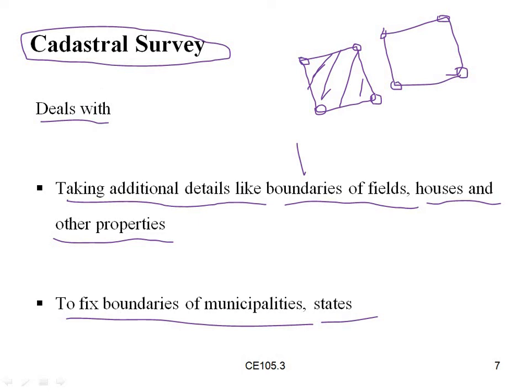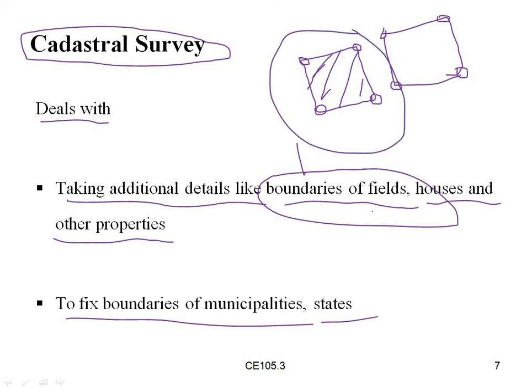So in cadastral survey, if we have a doubt regarding the boundaries of fields, okay, just like I have said, these are the boundaries of fields, okay, and houses also. So we will be fixing the boundary stones at the border or corner of the plot areas or agricultural fields, okay, cities, towns also.